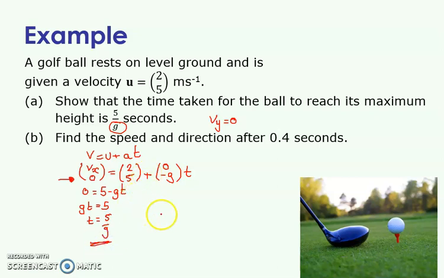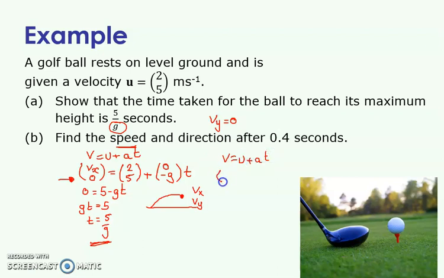Find the speed and the direction after 0.4 seconds. So to do that, of course, it's up here somewhere. And I showed you last time, to get the speed, I need to know about Vx and Vy. So at that stage, I think this is V equals U plus AT again.